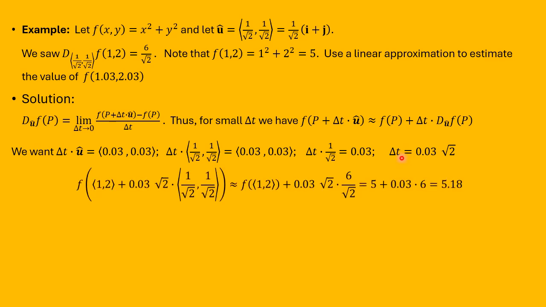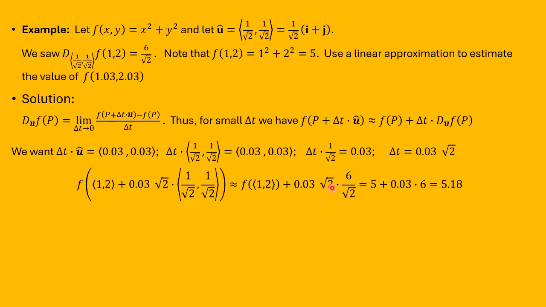Then we plug all of those things into our approximation formula. F of (1, 2) plus this vector (0.03, 0.03) is approximately equal to f of (1, 2) plus delta t, which is this stuff right here, times the directional derivative, which is this stuff right here.